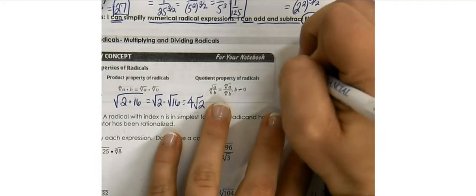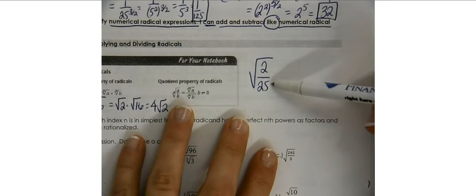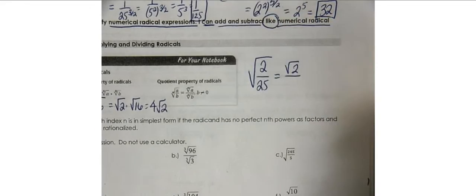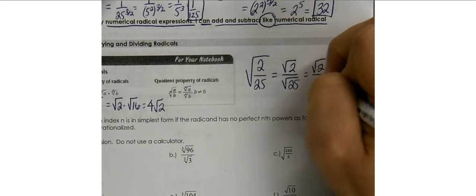Let's say that we're talking about taking the square root of 2 over 25. 2 and 25 have nothing in common with one another, so we can't simplify this fraction any further. So it's in our best interest to just take the square root of the numerator and divide it by the square root of the denominator for us to get our answer of the square root of 2 over 5.